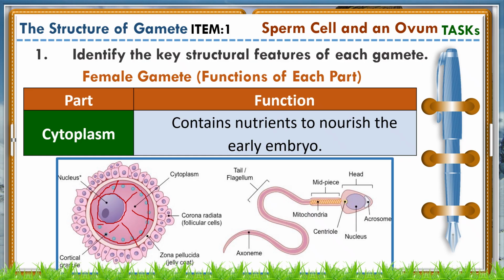And the cytoplasm contains nutrients to nourish the early embryo. So when fertilization has taken place and we form the embryo, it will get its nourishment from this area here, which we call the cytoplasm.